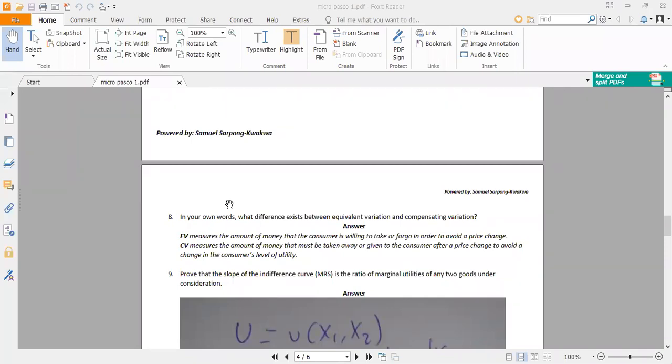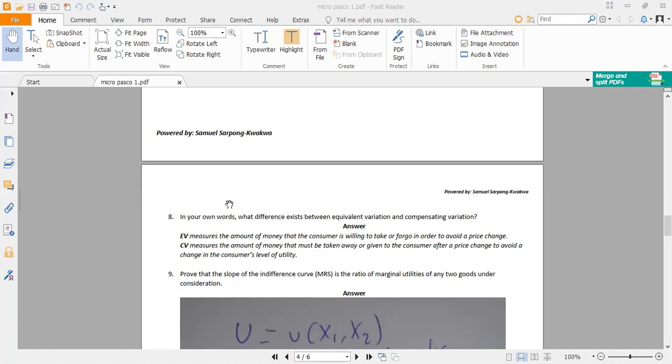Now, if you don't increase price, but rather you reduce the consumer's income, that too is going to cause a reduction in the person's welfare or the level of satisfaction that he gets. So what equivalent variation talks about is the consumer can say that, fine, you want to increase price, and I know that after you have increased price, my level of satisfaction is going to fall.